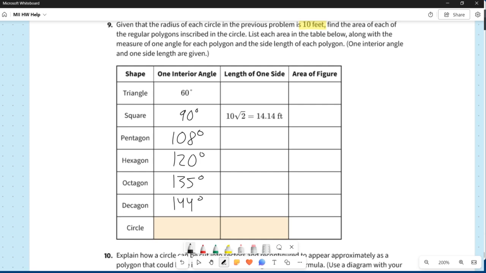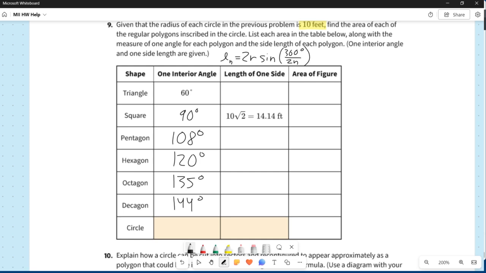So the length of one side, as we saw, we'll call that L sub n, and in this case, n represents the number of sides. So our side length here is going to be 2 times the radius of the circumscribed circle times the sine, so we're using a little bit of trigonometry here, of 360 degrees divided by 2n.